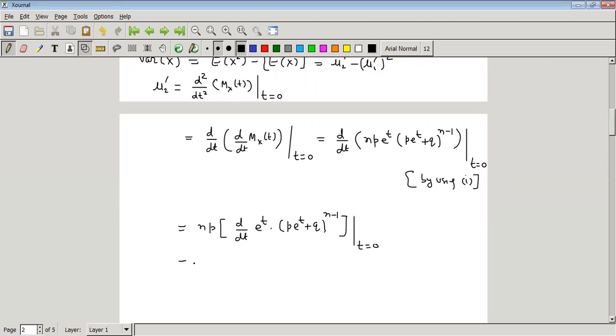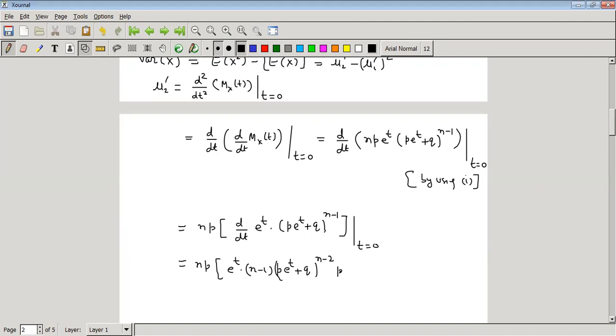So np, what is the derivation? We can use the derivative of a product of two functions, first into second. So we can write e to power t into (n minus 1) (p e to power t plus q) the whole power n minus 2, and then again p into e to power t.